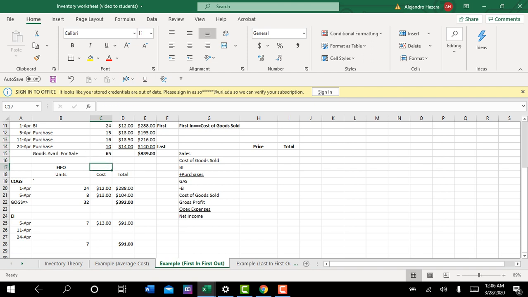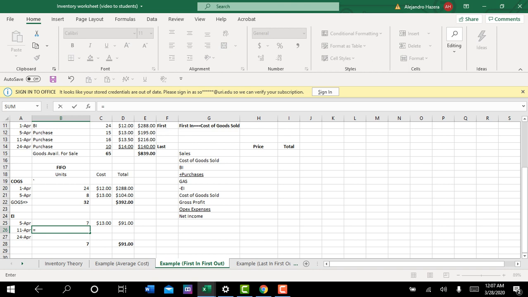So we got that 24 and 8. Anything left over, including the 7 from the April 5th, is going to be ending inventory. All of those are in inventory, and notice that we come to a total of 33 units right there.